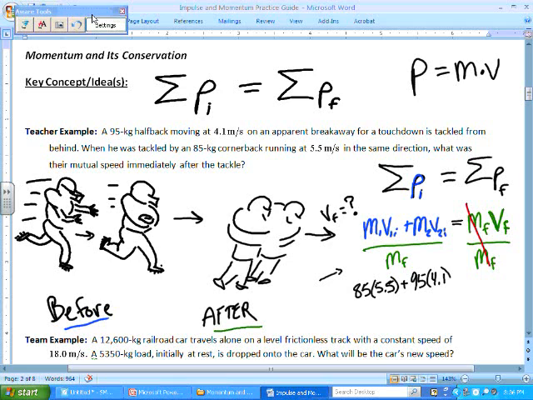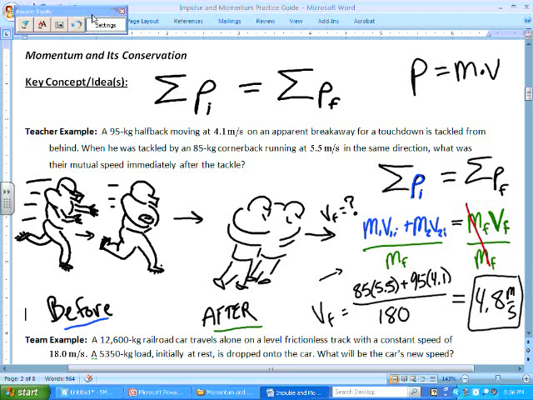All of that is divided by the total mass final of 95 plus 85, which is 180 kilograms. And we should get a final velocity of about 4.8 meters per second. Okay, now you try.